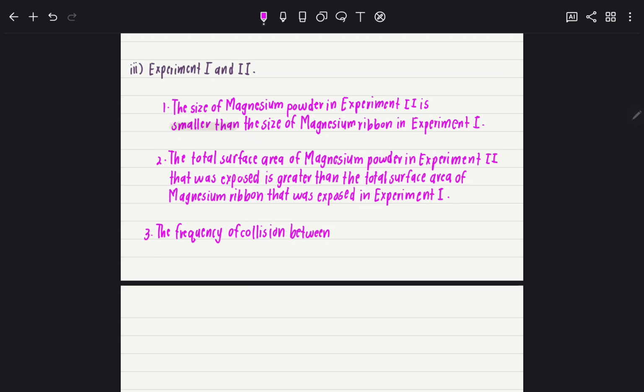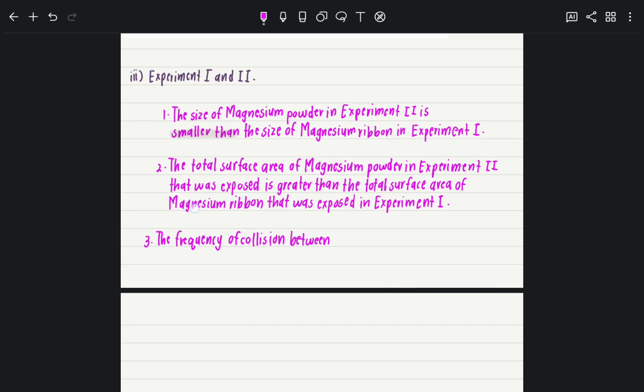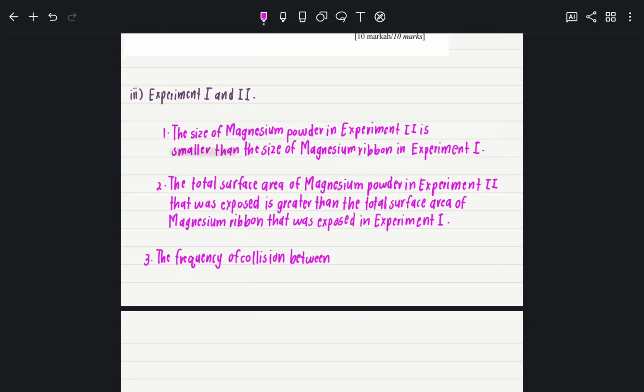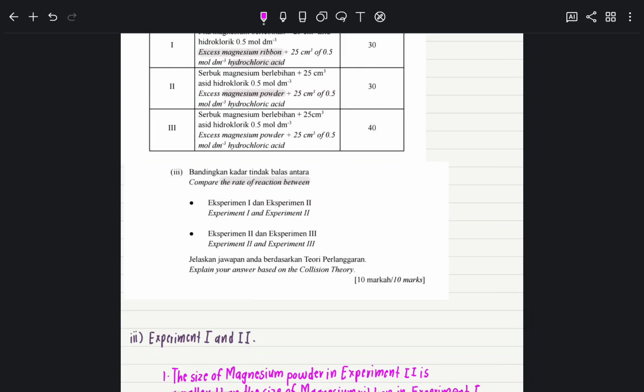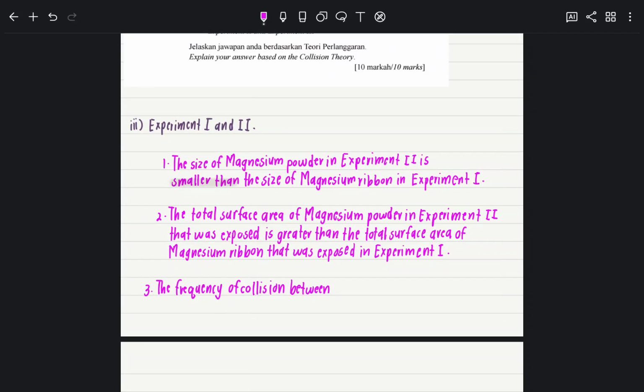Okay, the frequency of collision only occurs between the reactants. So you should name the reactants correctly. That's why we did the chemical equation earlier, right? Here the reactants are what? The reactants are magnesium and hydrochloric acid, right? So we say the frequency of collision between atom magnesium. Why atom magnesium? Because in the chemical equation, everything was powder and ribbon, so it is in solid state, which is atom.